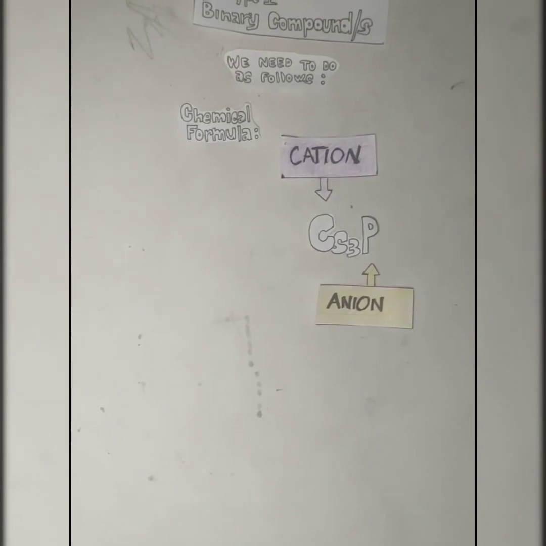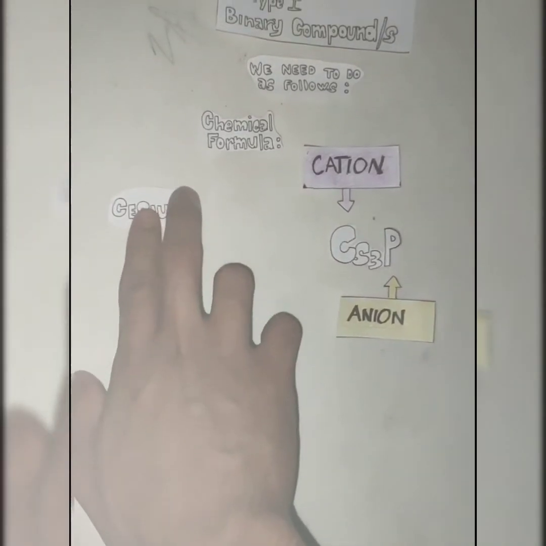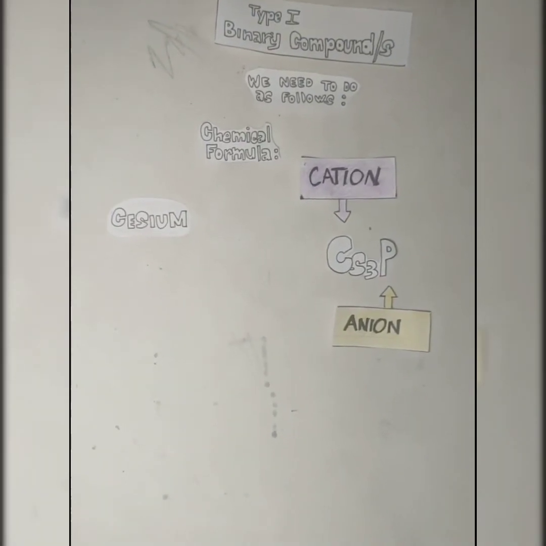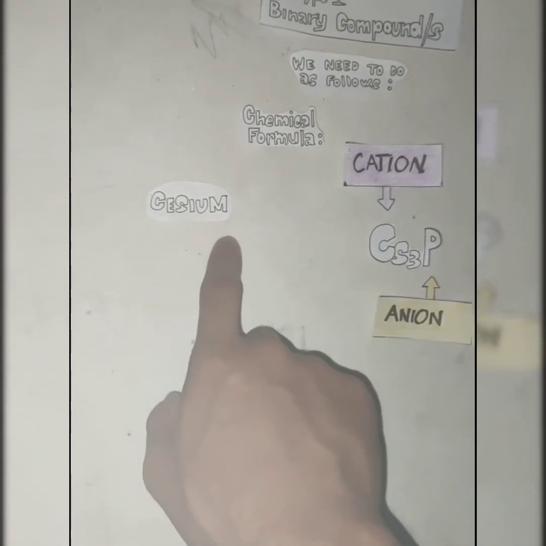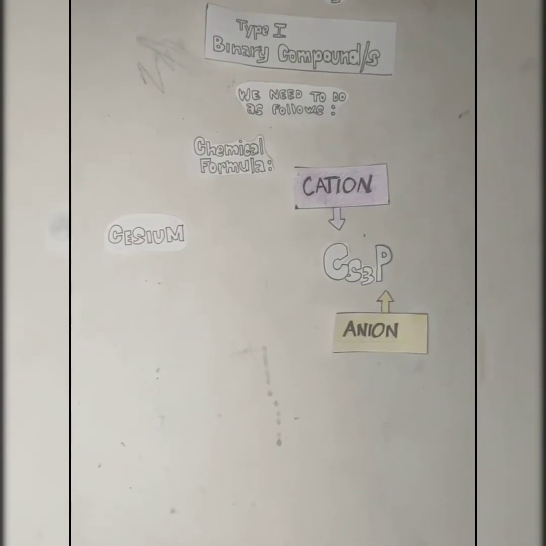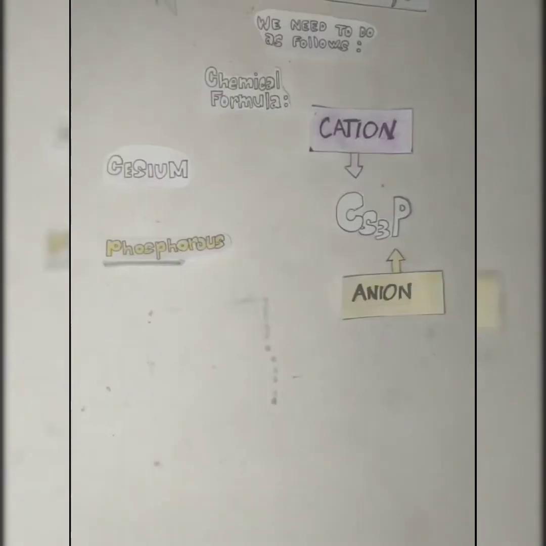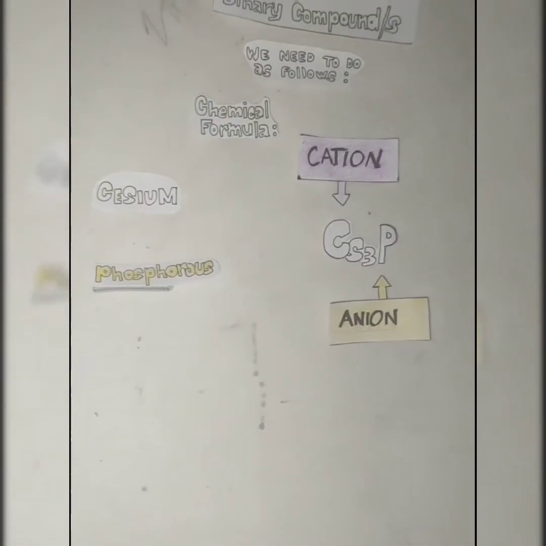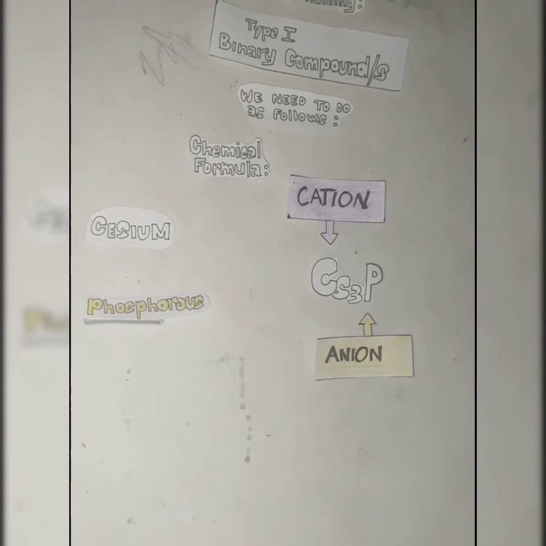In the process of naming type 1 binary compounds, the name of the cation remains as the name of the element. In this case, Cs remains its name as cesium. Next is that we name the anion. The P for the anion stands for phosphorus. There is a process on how to properly name an anion.